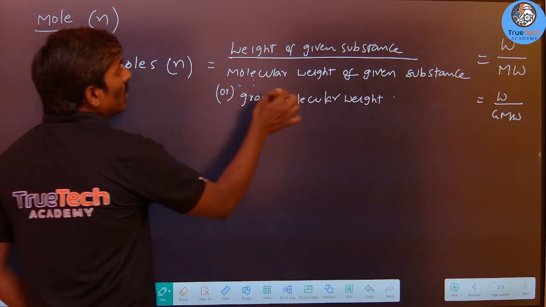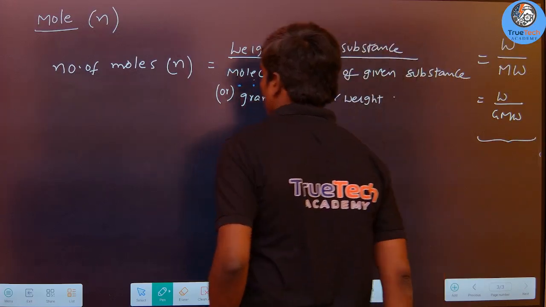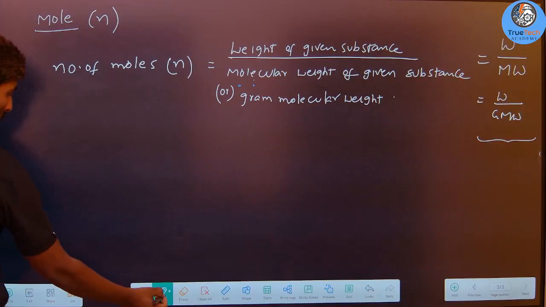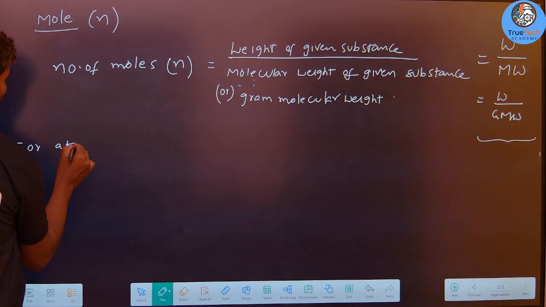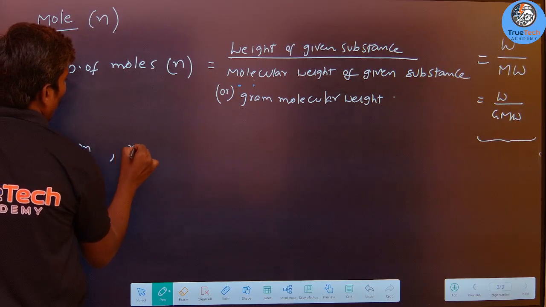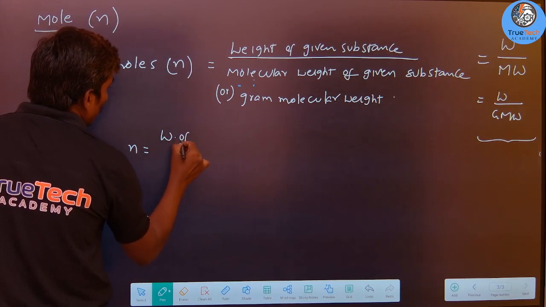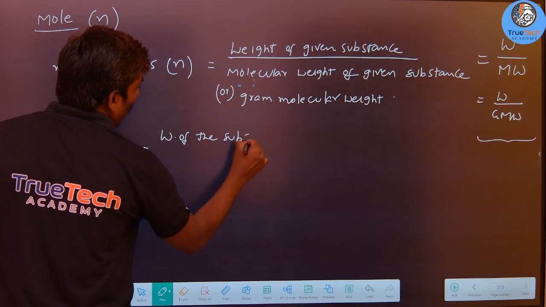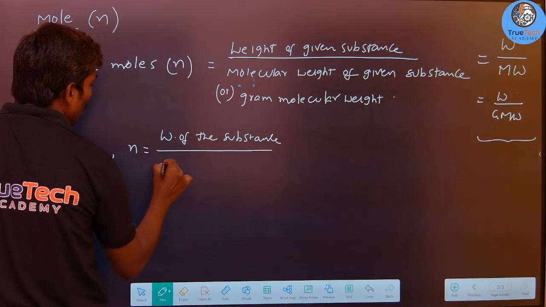For an atom, number of moles equals the weight of the substance divided by the atomic weight.